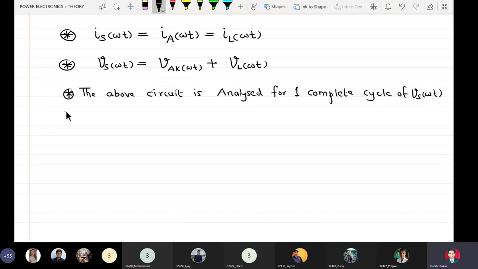When I say one cycle, it refers to omega t greater than or equal to 0, less than or equal to 2 pi radians.